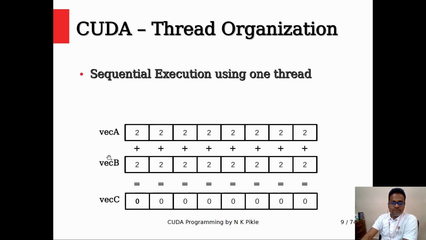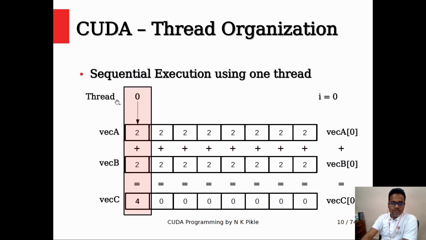Now if it is a sequential C program, how will it get executed? First it will start executing iteration number 0.